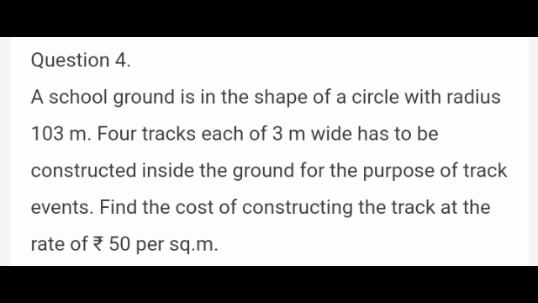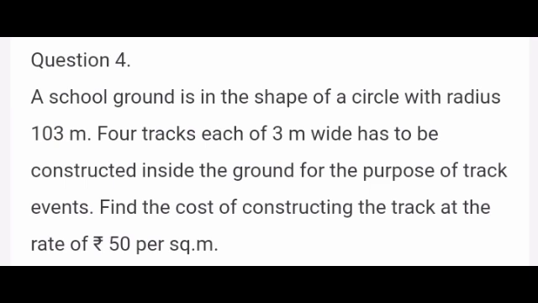Now listen, question number 4. A school ground is in the shape of a circle with radius 103 meter. 4 tracks, each of 3 meter wide, has to be constructed inside the ground for the purpose of track events. Find the cost of constructing the track at the rate of rupees 50 per square meter.